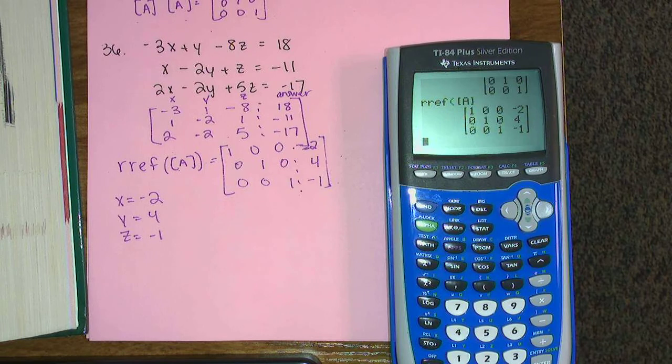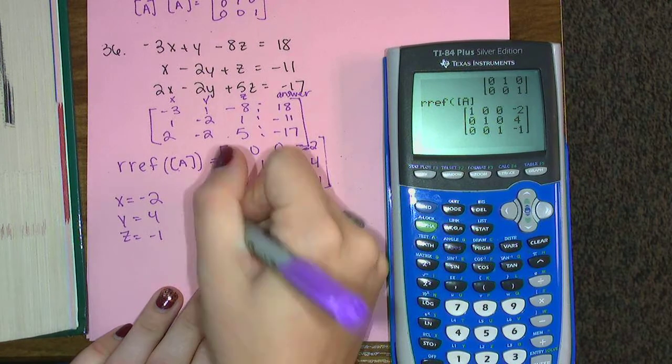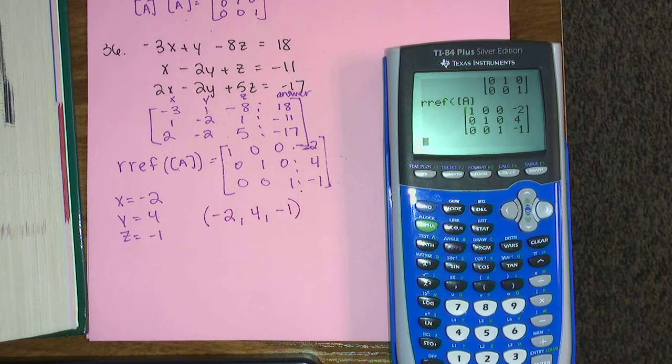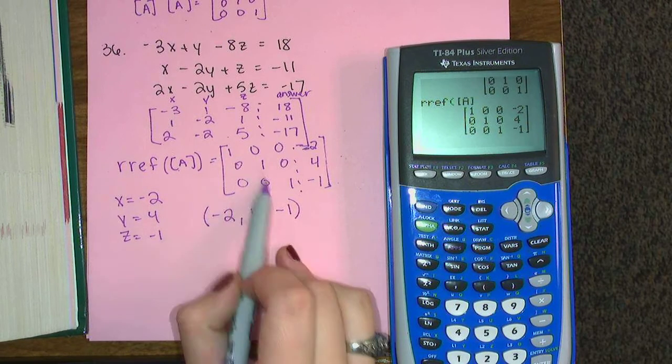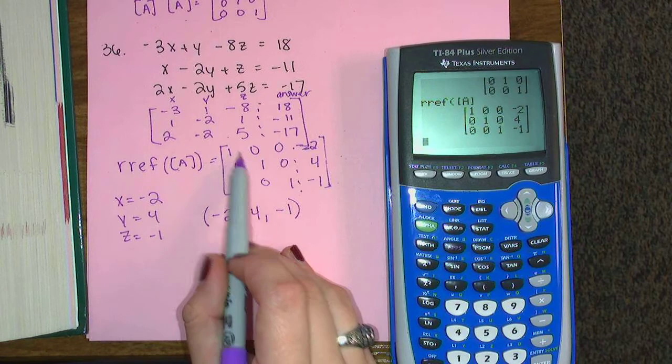Okay? So remember, when we solve this, our answer has to be written as an ordered triple, so you have to rewrite it like so. Basically, this is your x column, y column, z column. Wherever the 1 is, that's the variable it represents.